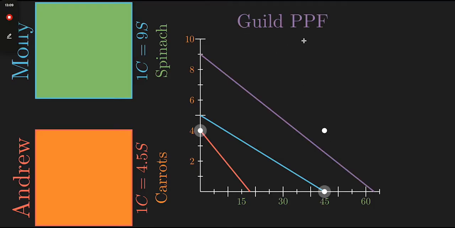And remember, the guild PPF is telling us that we do everything exactly the same between the 2 farms. But as soon as we make better choices that minimize our opportunity cost, we can actually exceed that frontier. And the way we find this point is to look at how many units of carrots Andrew grows, 4. That's our vertical axis. And then how many units of spinach Molly grows, following this specialization.